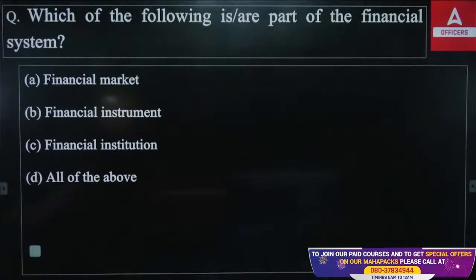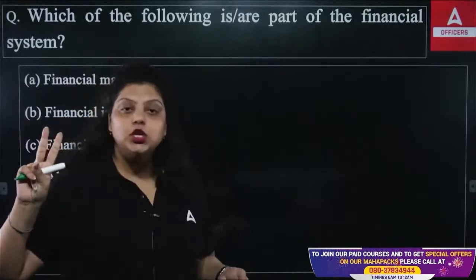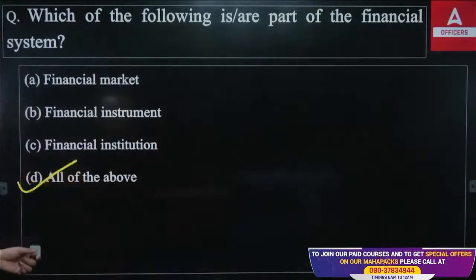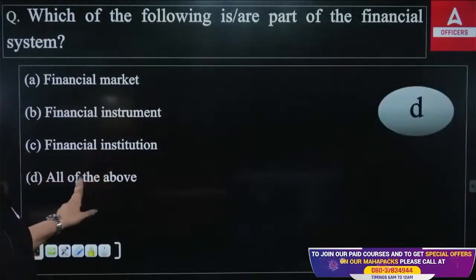A, B, C or D? It's very obvious. I have just told you that the financial system has three components: financial market, financial instrument and market participants. So the right answer will be all. All are parts of the financial system. So the right answer will be D.